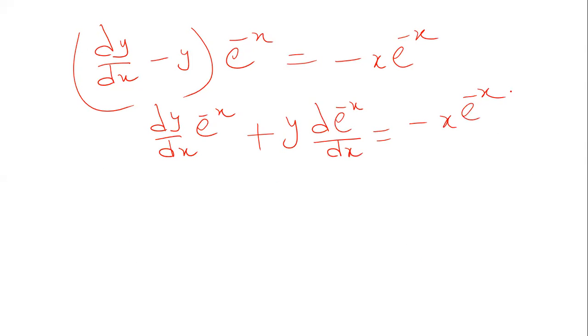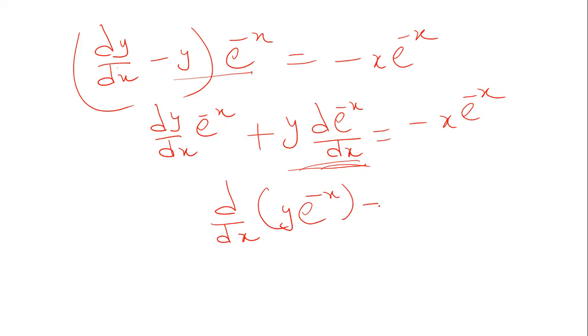If you multiply the first term dy upon dx by e to the power minus x, we get minus y into e to the power minus x, which is the same as the differentiation of this. If you differentiate this, you will get minus e to the power minus x, right? So the second term will be the same as this. If you rewrite this, you can write d upon dx of y e to the power minus x equal to minus x e to the power minus x.